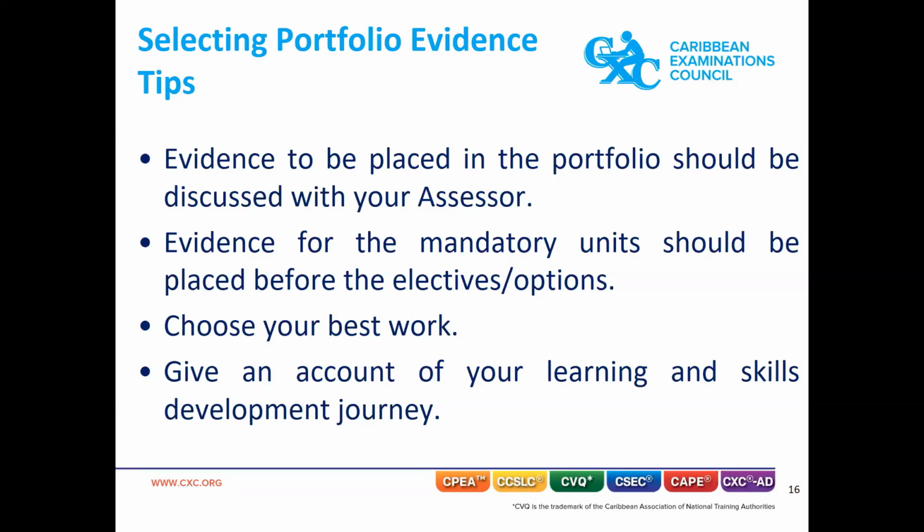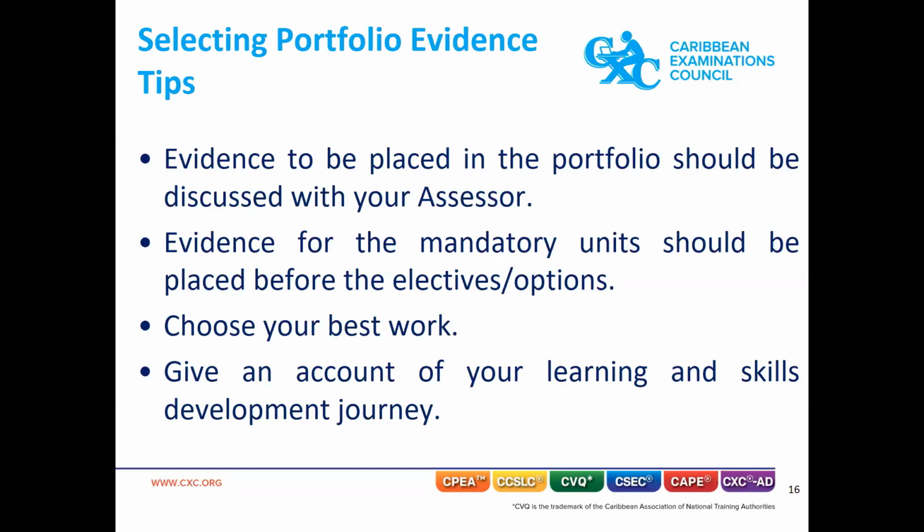Ensure that your portfolio has the mandatory units first. The electives can come after. Yes, they enhance the training, but it's the mandatory units that give the full certification. Or when you would have only completed some, it gives you the statement of competence. Remember that tip, students and candidates.